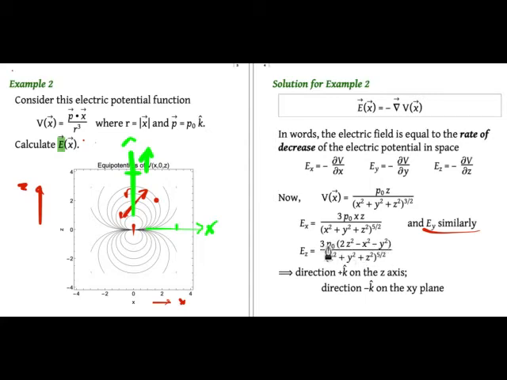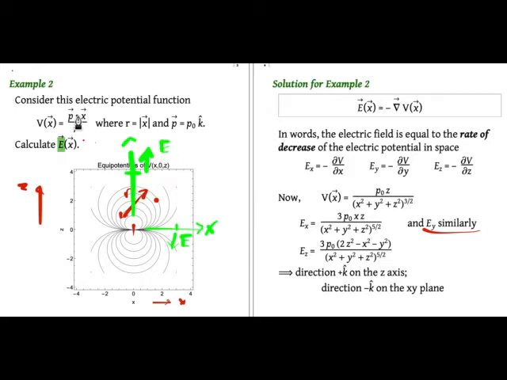It'll be 3p0 times minus x squared over the denominator. So it'll be in the negative. So the electric field will be downward on this side. This was the electric field upward on this side.